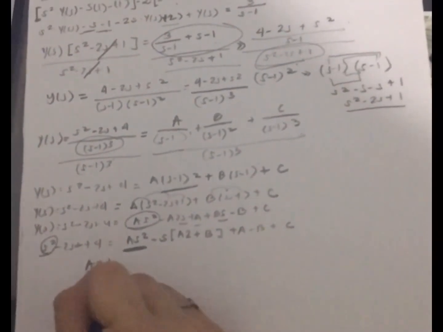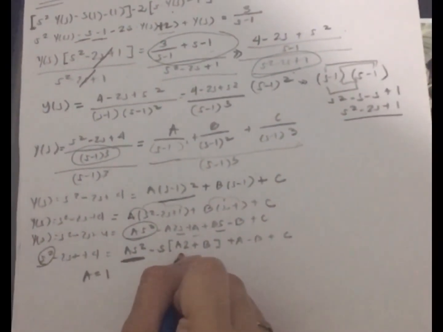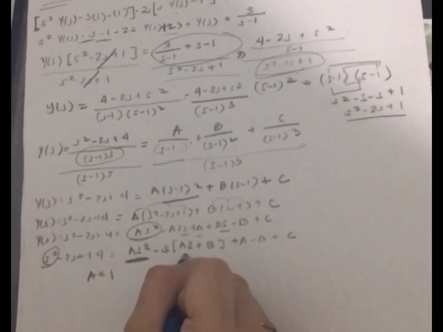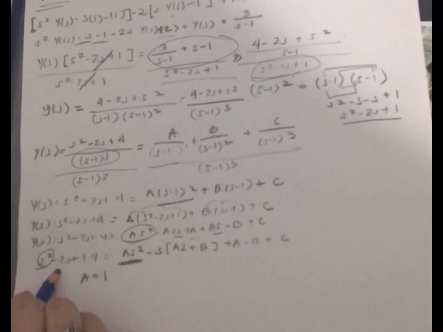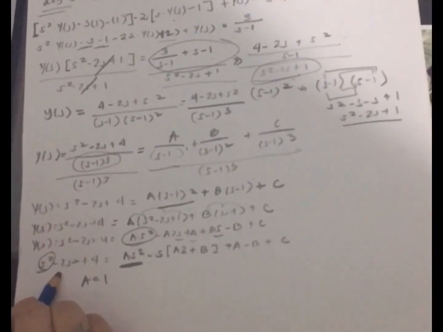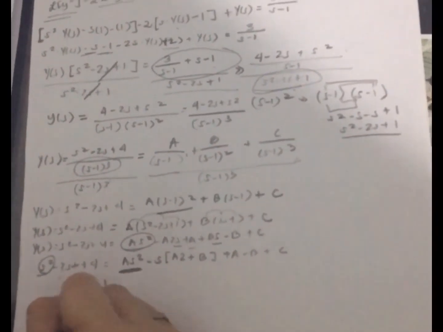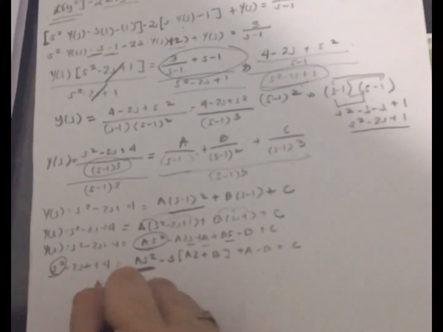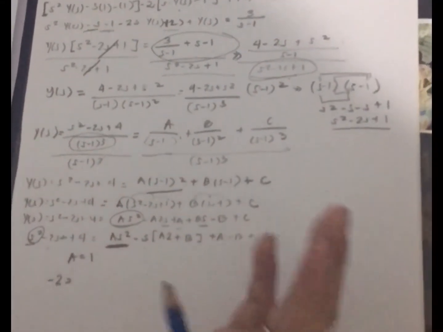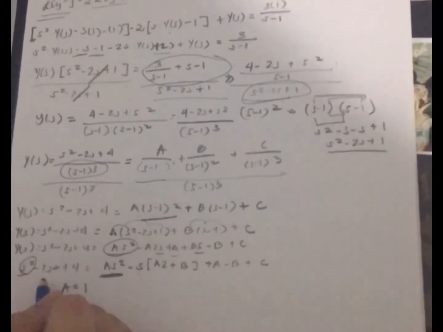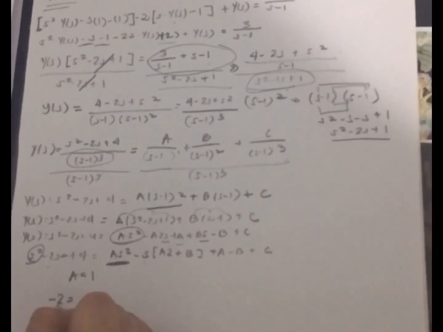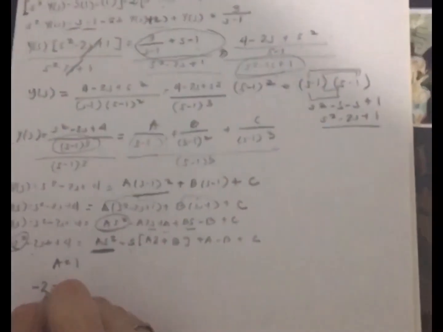Now we can substitute the value of A here to get the value of B. By doing so, on the left side we have a coefficient of negative 2 with our s. So let's put negative 2 is equal to our s coefficient. We should not write s anymore since we have it here. We just get the value of those things.